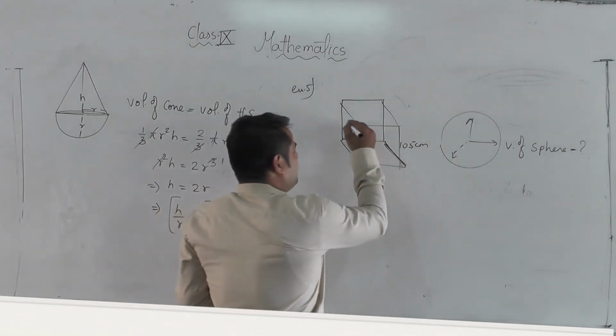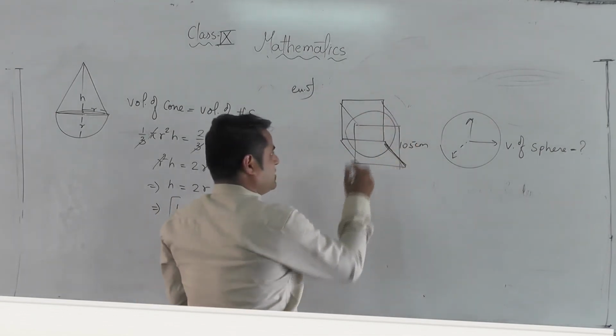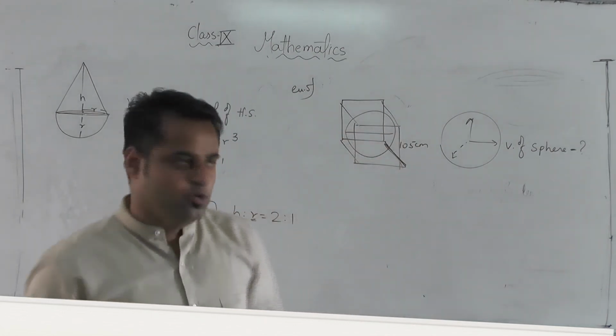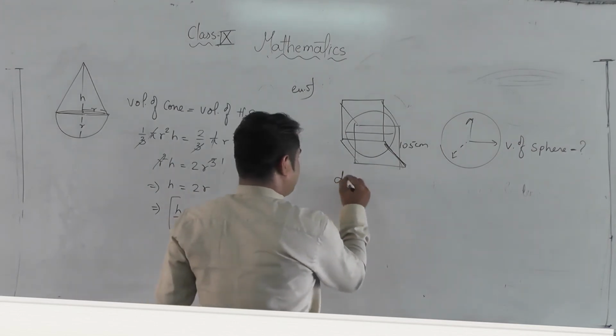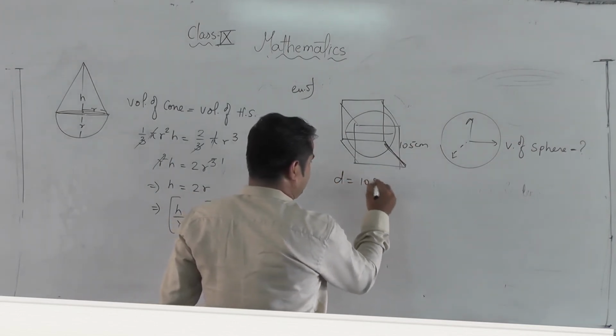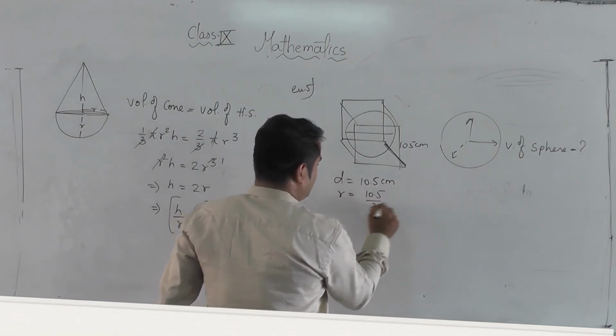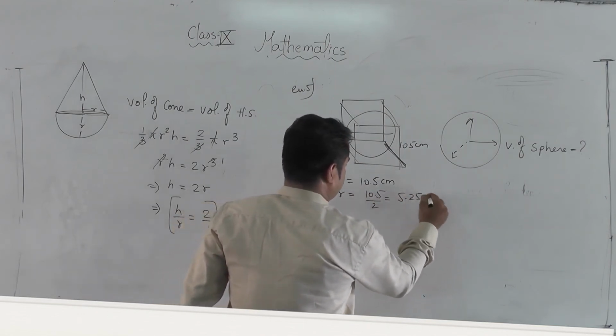Whenever we are carving out one sphere, its diameter is maximized to the side of the cube. So we are assuming the diameter of the sphere will be 10.5, so that the radius of the sphere is 10.5 by 2, or 5.25 cm.